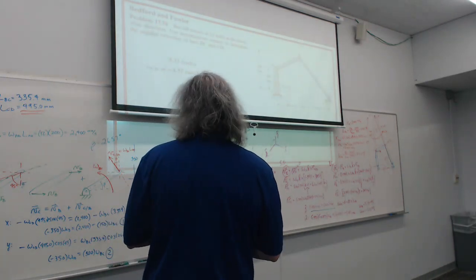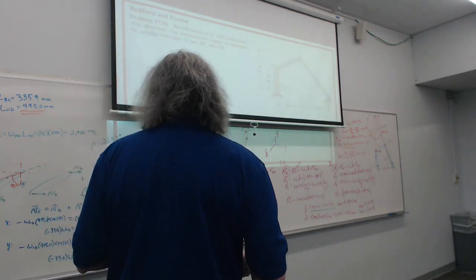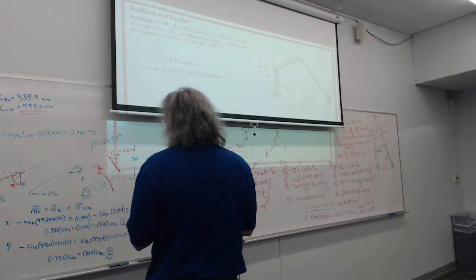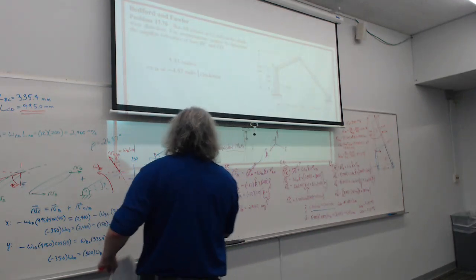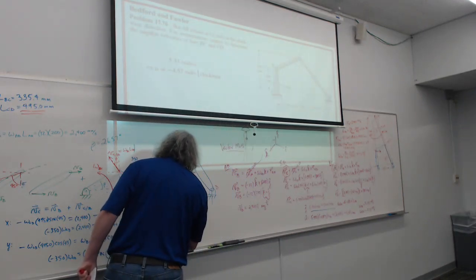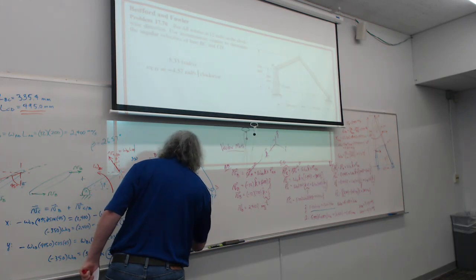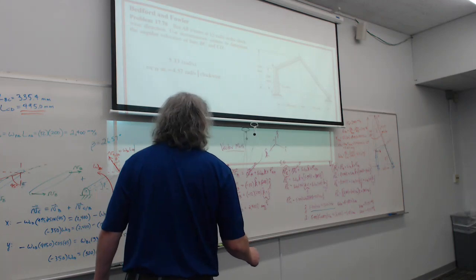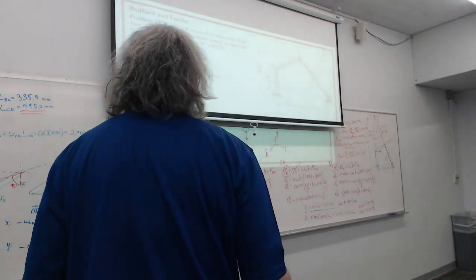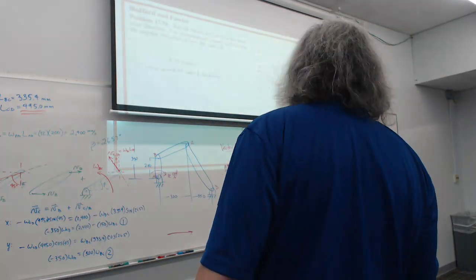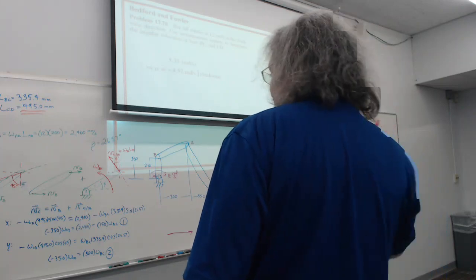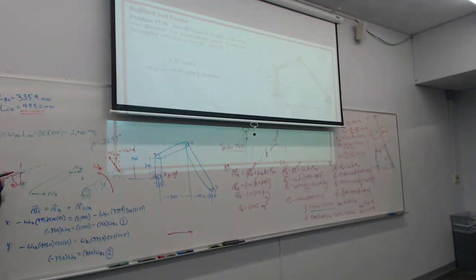But we say that VB is moving that way, and we really ought to try to pick out the correct directions. So VC is going that way. It's not going as it's drawn here. It's actually going up that way.